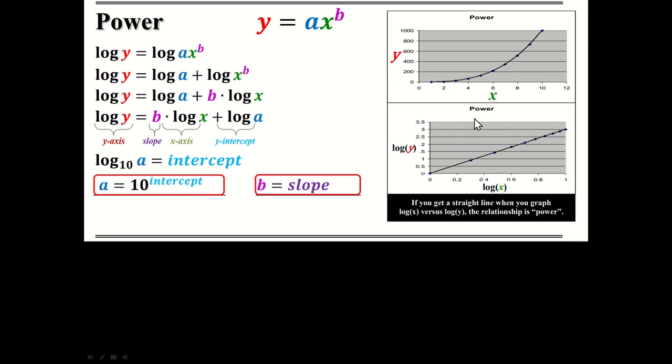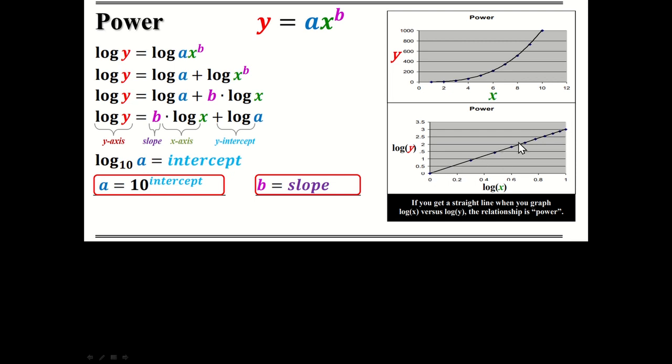So I hope I'm not losing you, but if we graphed x versus y and it curves, we know it's not a linear relationship. But we don't know if it's power because both power and exponential curve. But if I tweak the data, don't graph x, but graph the log of each x. Don't graph y, but graph the log of each y.